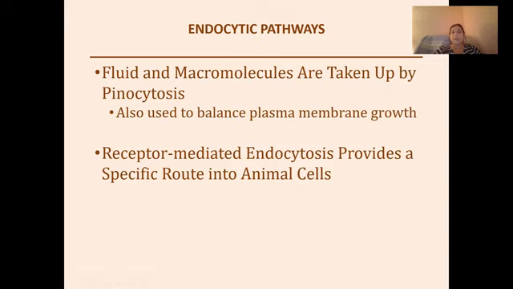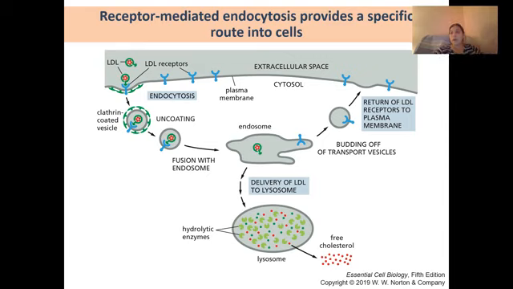The second one is called receptor-mediated endocytosis, where a receptor that is specific for a particular macromolecule or agent can bind to that molecule and then bring it in through an endosome-like process. An example for this is right here, where you have LDL cholesterol molecules binding to LDL receptors.